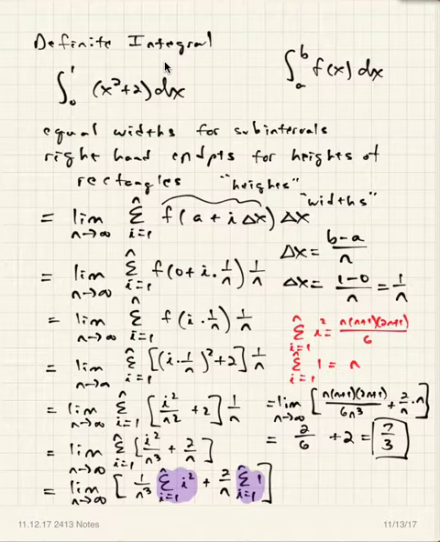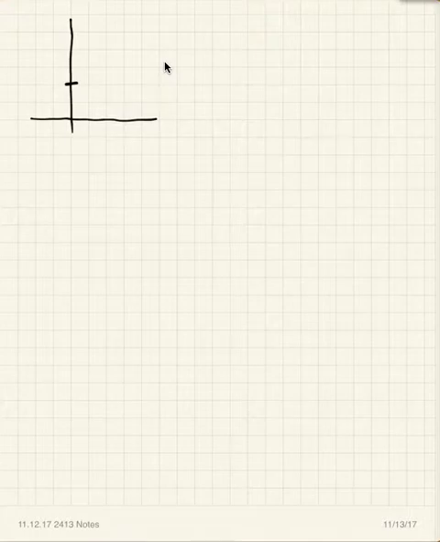Now don't forget that that has an area interpretation in our problem, that the integral from 0 to 1 of x squared plus 2 describes this region. You're talking about the function x squared plus 2. Let's say that that's 0, 1 right there. This is a parabola, and that's 1, 0 right there. The function's up at 3, like so.